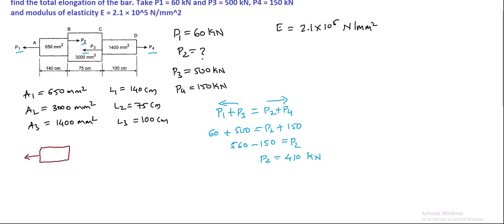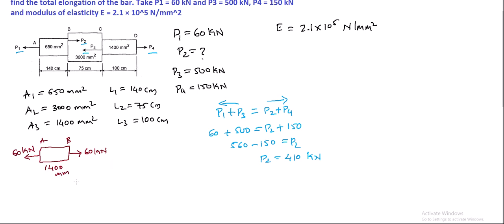P1 is 60 kilonewton. I will take this load value directly. If this element is to be in equilibrium, there must be an opposite 60 kilonewton load for element AB, which has a length of 1400 mm.